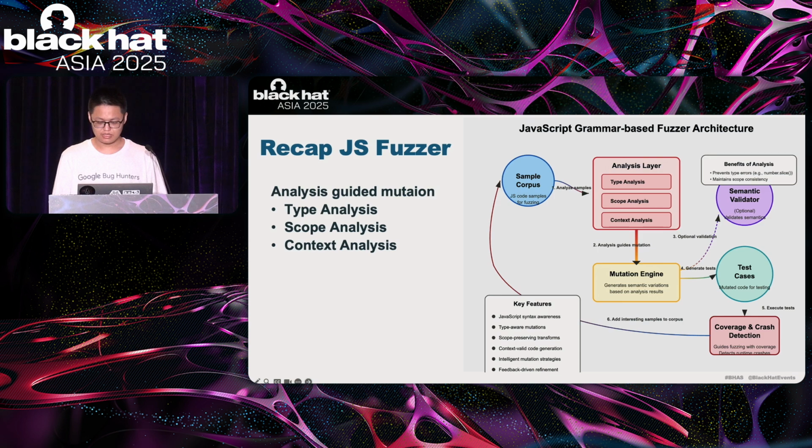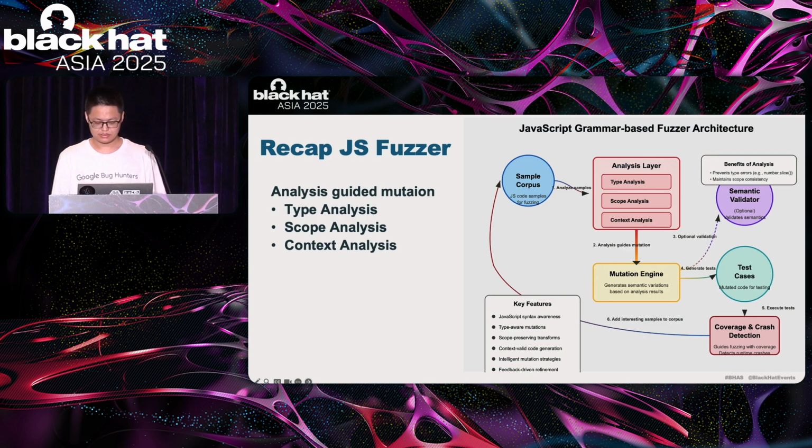In this section, we'll recap the overall architecture of our grammar-based JavaScript fuzzer, which played a key role in finding the vulnerabilities. As shown in the diagram, on the far left is the sample corpus, which contains our initial set of JavaScript code samples. A common misconception in fuzzing is to randomly insert or mutate these samples blindly.